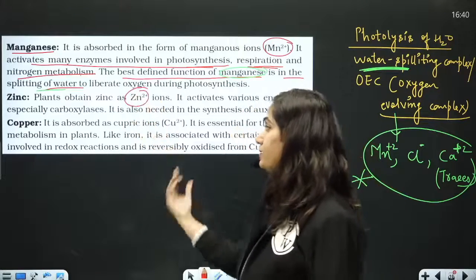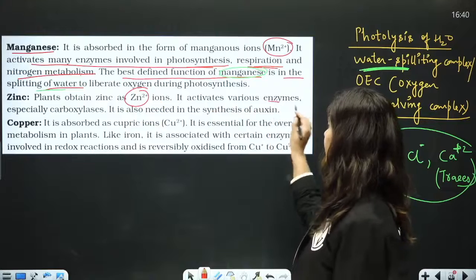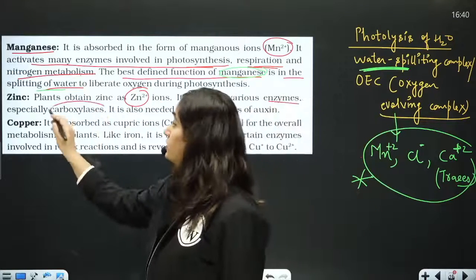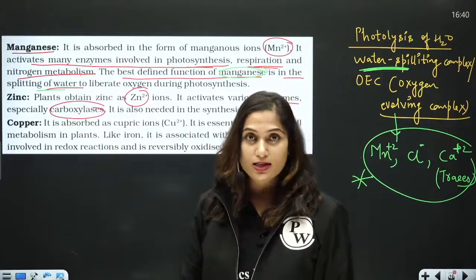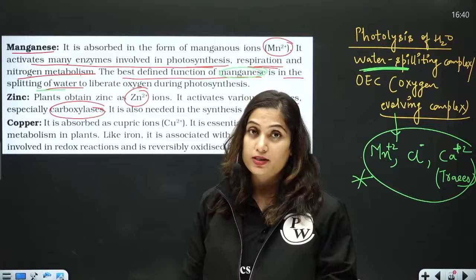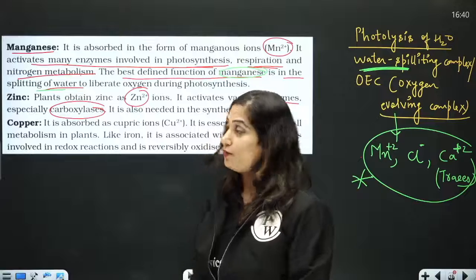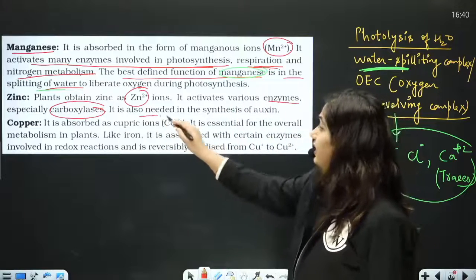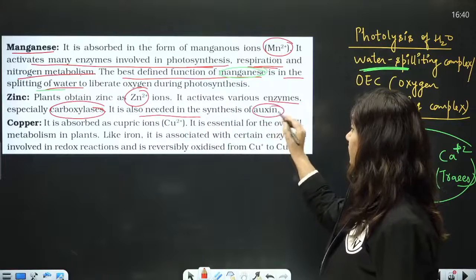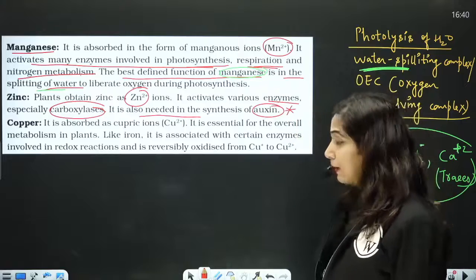Zn2+ ions. Okay, it activates various enzymes like carboxylases. I told you carboxylases, but another important enzyme it activates is alcohol dehydrogenase. It is needed in the synthesis of auxin. This is very important.